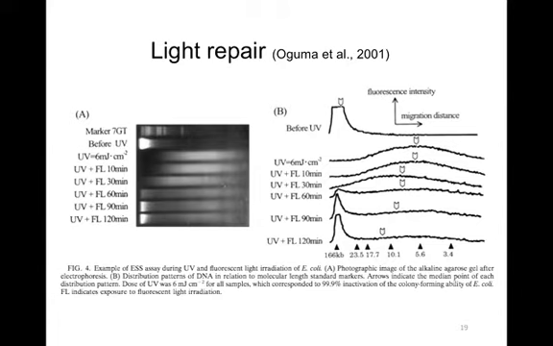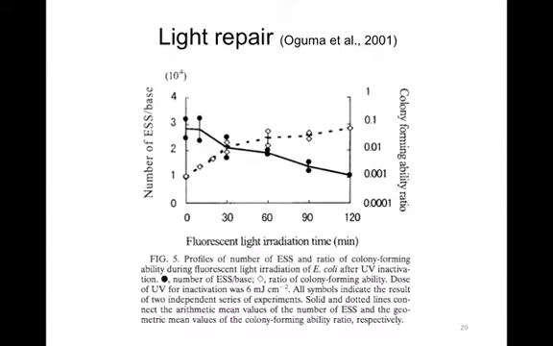What's really neat again is that they were able to correlate, or you see a clear relationship between, the decrease in the number of dimers and an increase in the number of viable E. coli.